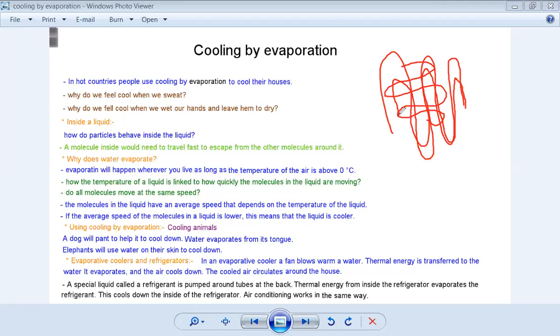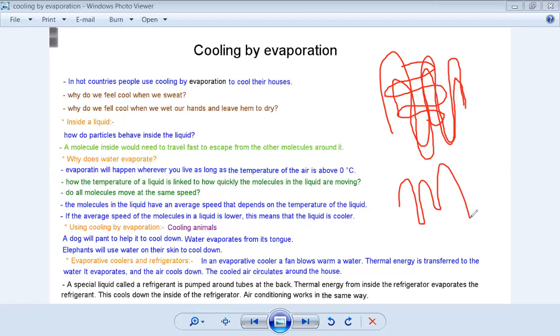Here we said the thermal energy inside the tube will evaporate the refrigerant. This cools down the inside of the refrigerator. Air conditioning works the same way. If you notice, air conditioners have the same tubes inside, with this special liquid inside them.